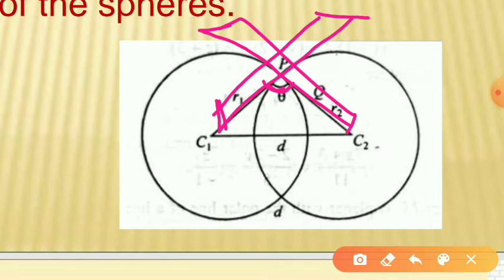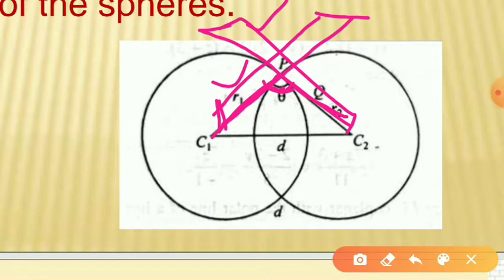spheres. Also, we can easily see that this radius is perpendicular to this plane and this radius is perpendicular to this plane. Therefore, the angle between tangent planes is equal to the angle between the radii of the two spheres. Therefore, whenever you are asked to find the angle between two spheres, it is easy to find the angle between the radii of the two spheres, and this is nothing but the angle between the spheres.